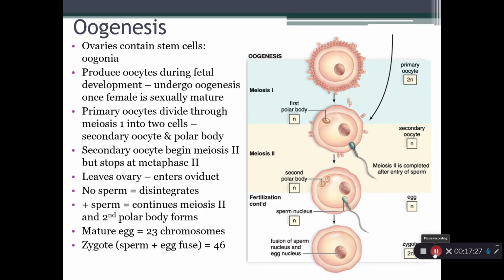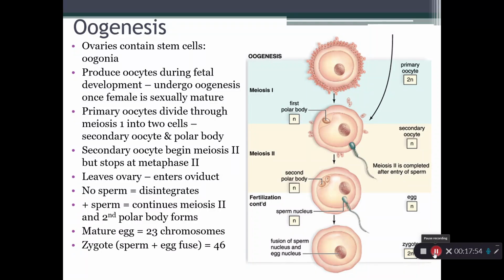So when the female is in the womb, that's when she produces them. They produce the primary oocytes during fetal development, and undergo oogenesis once the female is sexually mature. So they mature once the little girl matures, but she has the starter cells she's born with.